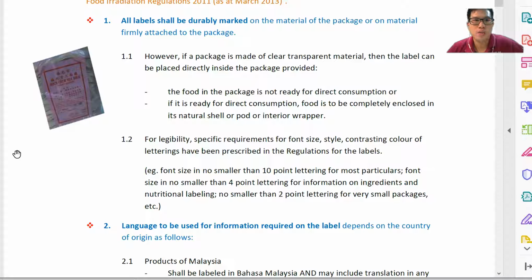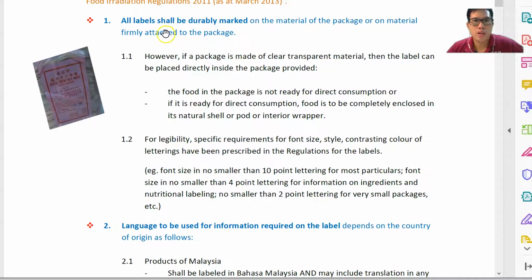So it's safe for consumption. The restaurant operator and the manufacturer need to fulfill certain requirements. Okay, the basic fundamental requirements.